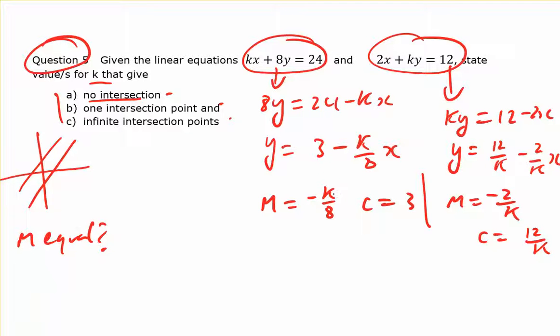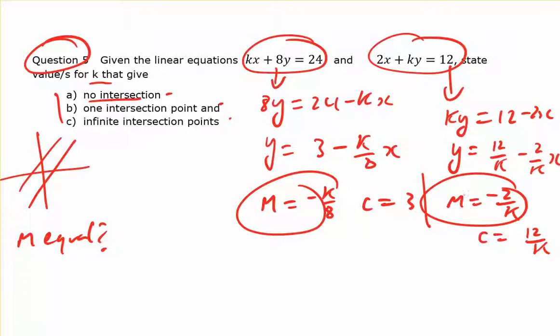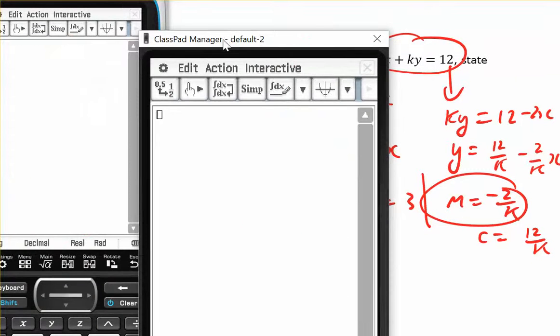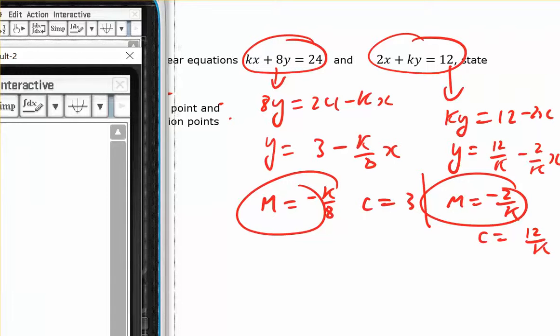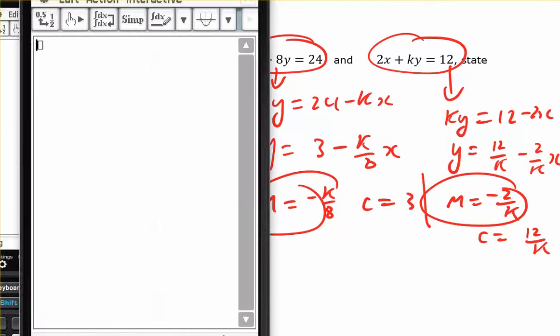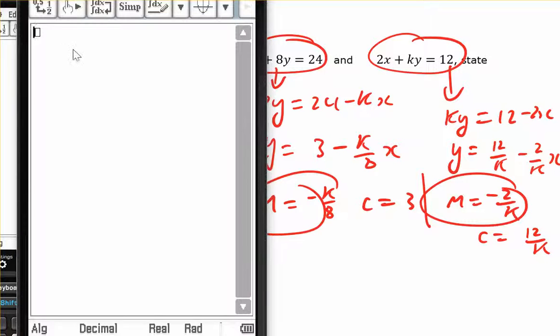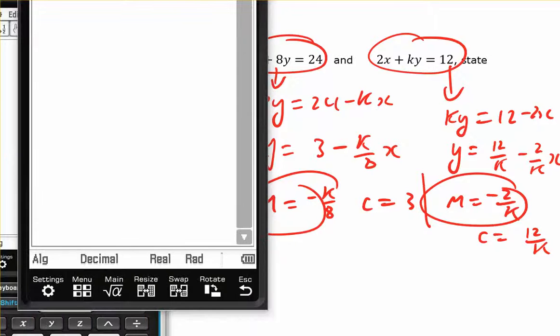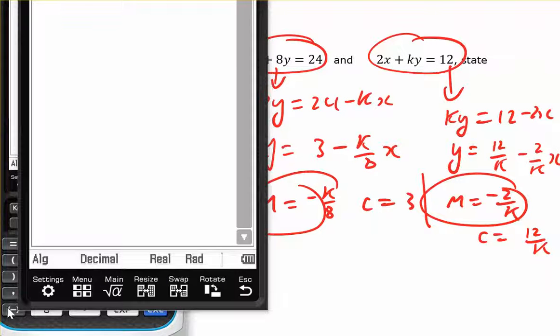Let's solve it. We want this to equal that. We want to find the value of k which gives us equal gradients.